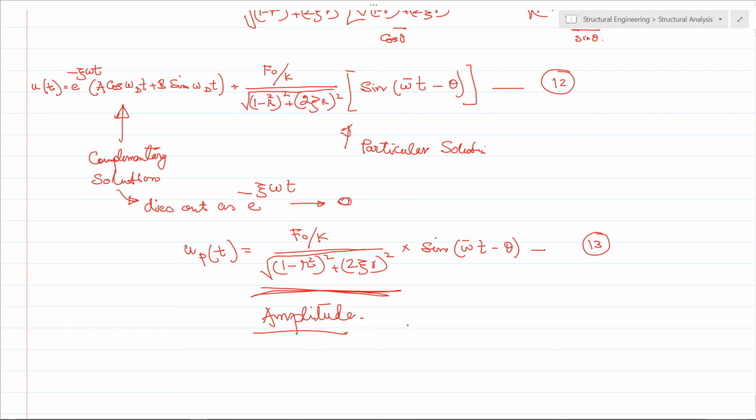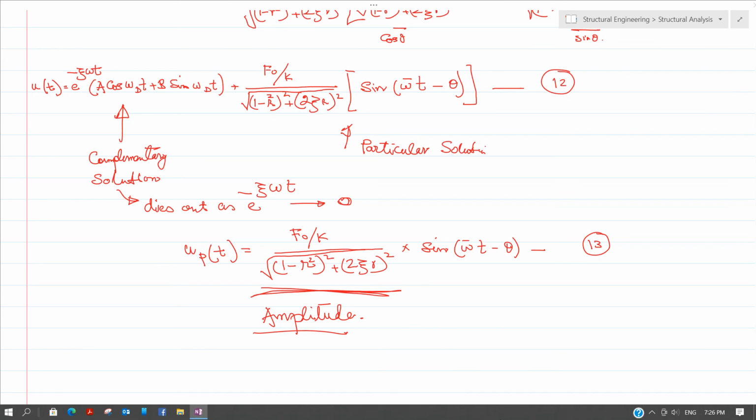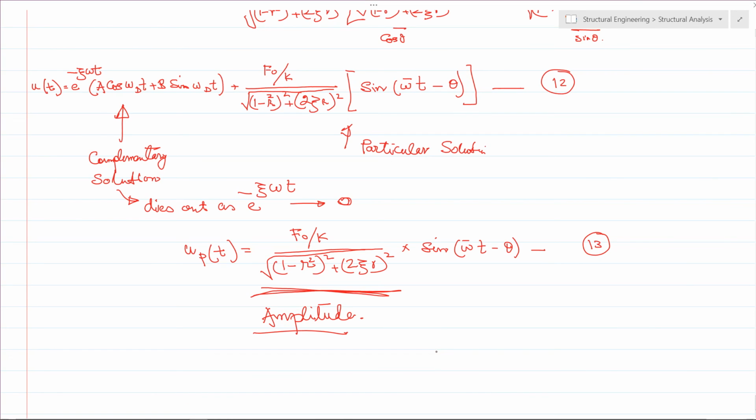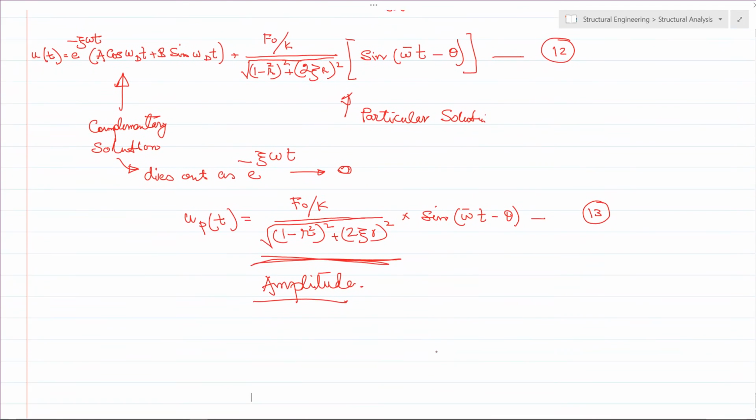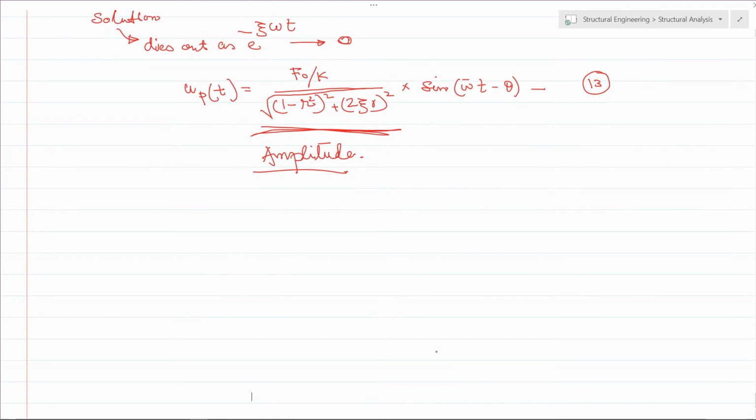So we can say our amplitude P will be equal to F naught over K divided by the square root of ((1 minus r square) whole square plus (2 xi r) whole square).